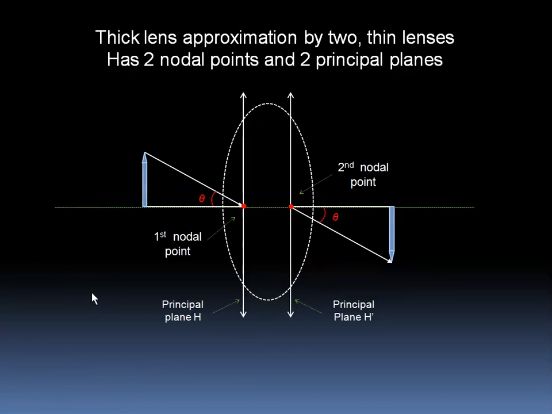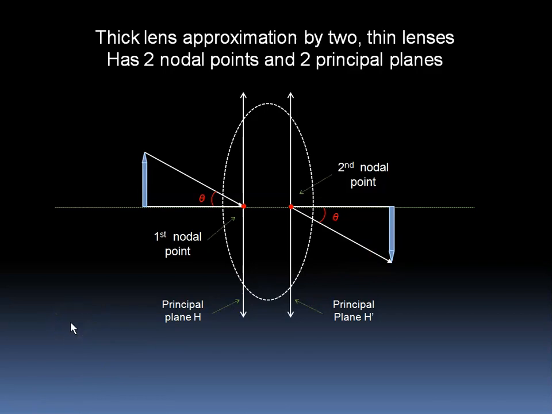The thick lens approximation by two thin lenses has two nodal points and two principal planes to represent it. We have the chief ray going towards the first nodal point, and then we continue it from the second lens as if nothing happened in between on its way to the image.